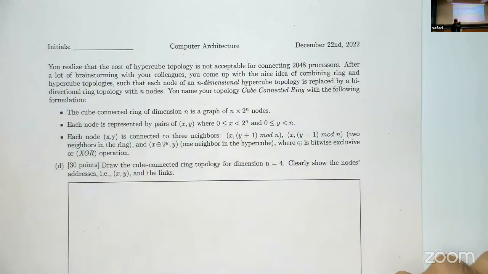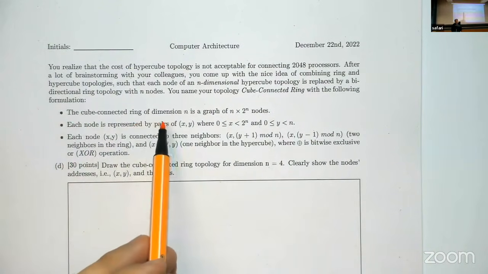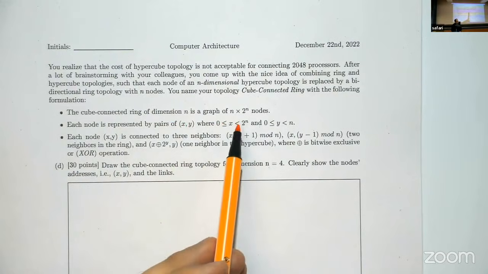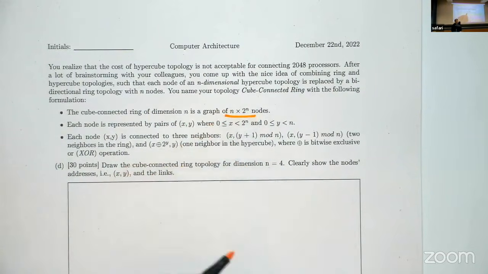We need this formulation to understand how we can make this topology. The cube-connected ring of dimension n is a graph of n times 2 to the power n nodes. This is very critical here.